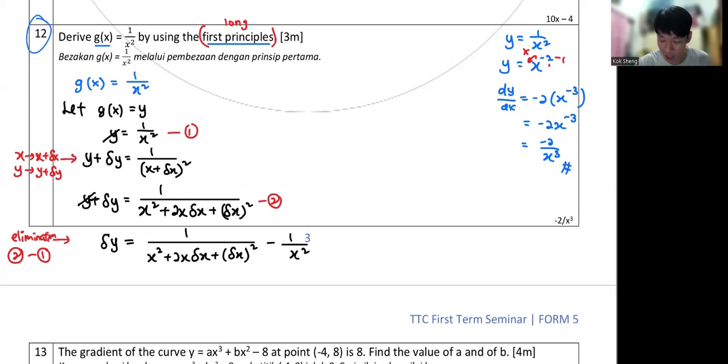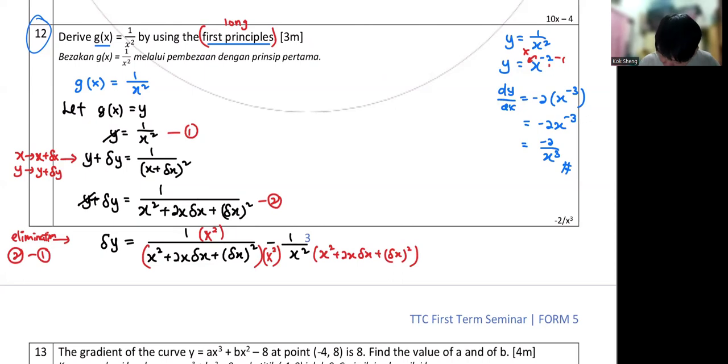So this whole thing needs to times x squared, the top here also. The other fraction needs to times, and also on top also.